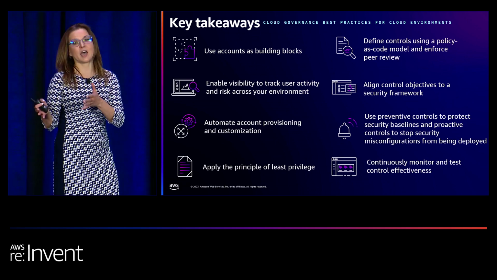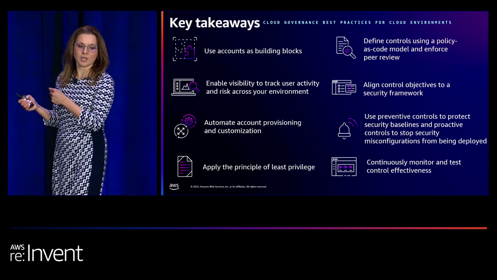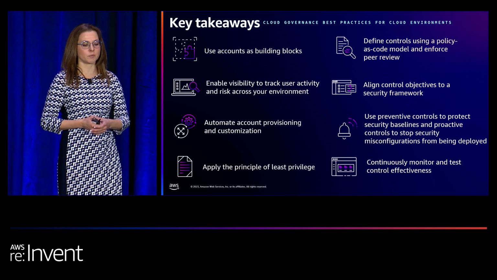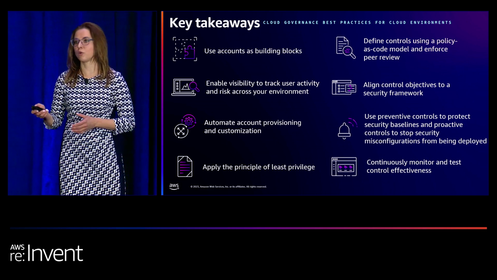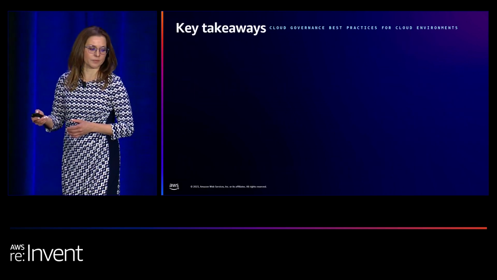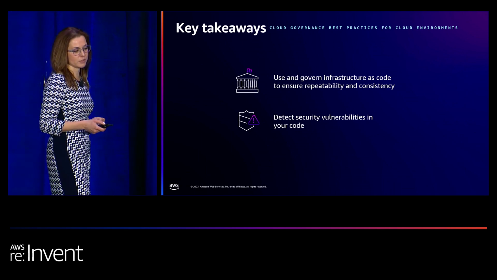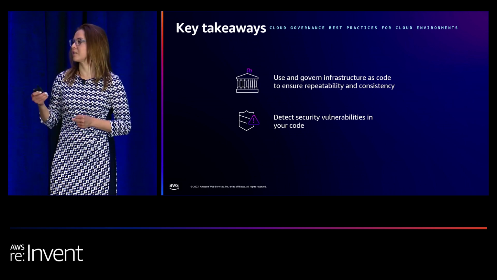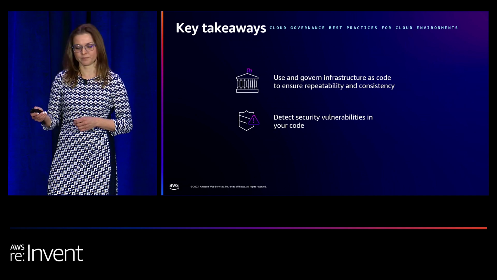On the right-hand side, you have best practices for controls management, including defining controls using a policy as code model, align control objectives to security frameworks, and continuously monitoring and testing control effectiveness. And here are the two for cloud governance for developers: using governed infrastructure as code to ensure repeatability and consistency, and detect security vulnerabilities in your code.